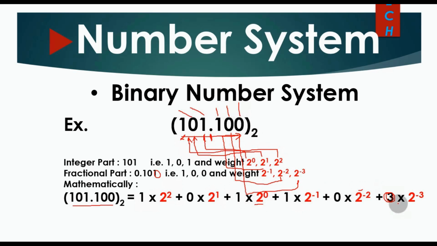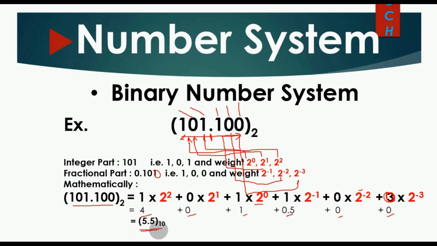If you further solve this, 1 into 2 squared equals 4, 0 into 2 to the power 1 is 0, 1 into 2 to the power 0 is 1, then 1 into 2 to the power minus 1 is 0.5, and 0 and 0 for the rest. If you further solve this, you will get 5.5 decimal.